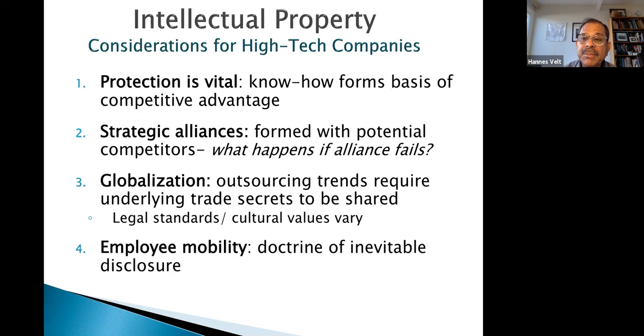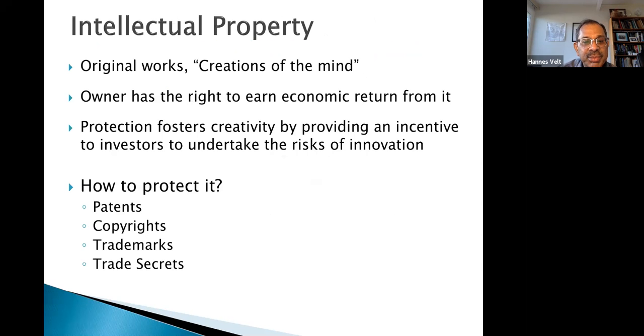But remember, in order to have a competitive advantage, you must protect your intellectual property, what's in your head. And there are a number of mechanisms for doing that. So we can talk about patents, copyrights, trademarks, and trade secrets.